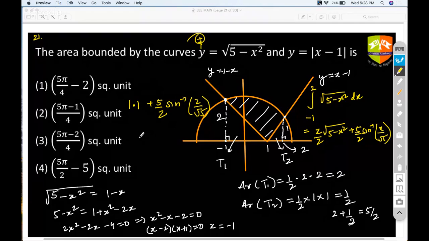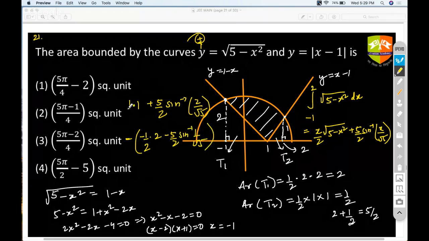Correct? And if you substitute a -1, you get a minus half. This will again be 2. And it will give you minus 5 by 2 sine inverse 1 by root 5.